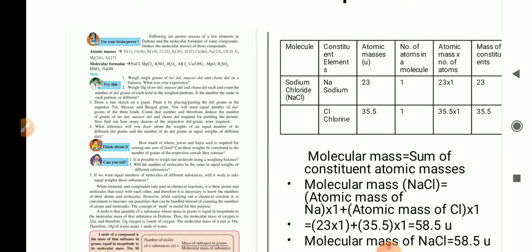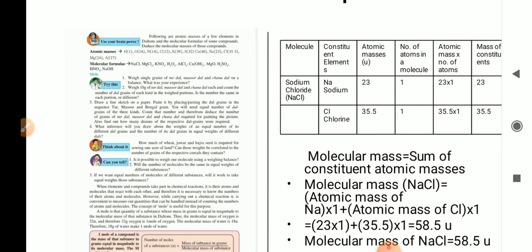Now the molecular formulae are given: NaCl sodium chloride, MgCl2 magnesium chloride, KNO3 potassium nitrate, H2O2 hydrogen peroxide, AlCl3 aluminium chloride, calcium hydroxide Ca(OH)2, MgO is 40, H2SO4 that is sulfuric acid, you have to find out. The nitric acid is HNO3 and NaOH is sodium hydroxide.